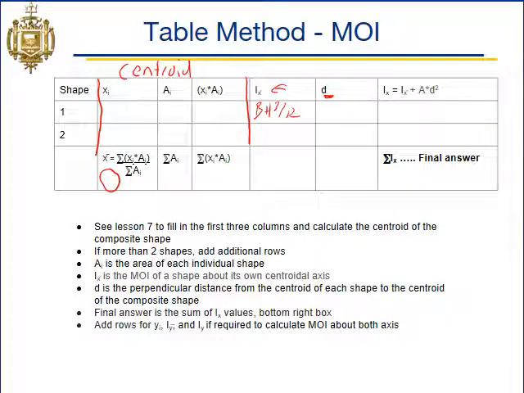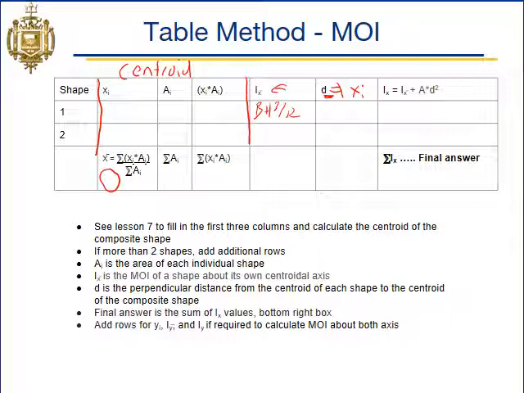This distance is not equal to xi. Xi is from an arbitrary plane, so you can find the centroid. Remember, our distance is from the centroid of each individual shape to the centroid of the overall shape.